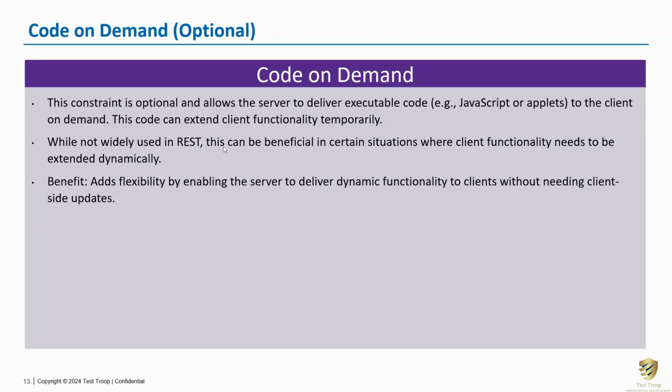So on demand the server sends some kind of JavaScript which can be executed by the client. This is code on demand, and it is an optional constraint. These are the six constraints or principles that a web service must adhere to in order to become a RESTful web service. Hope you understood this concept.